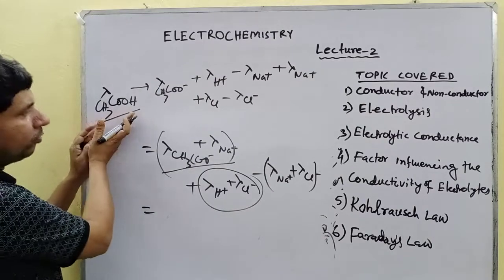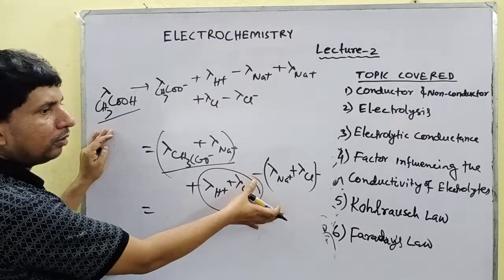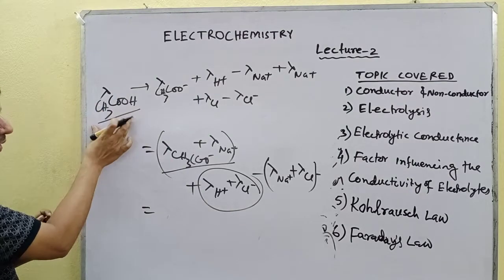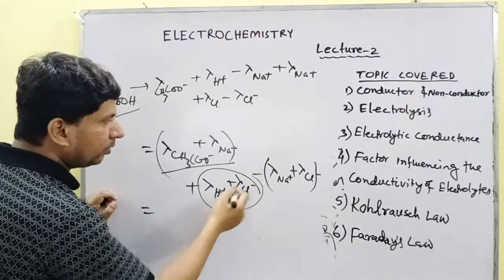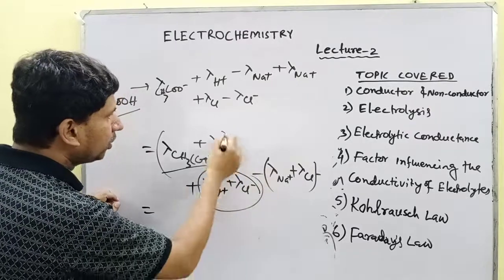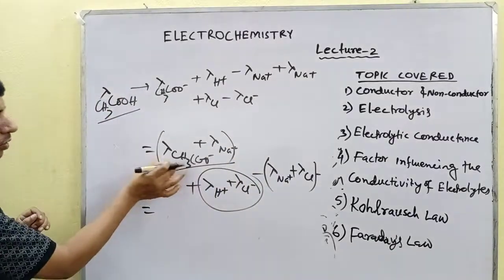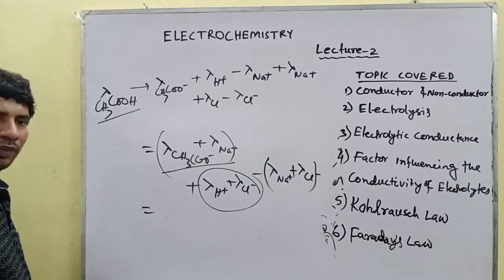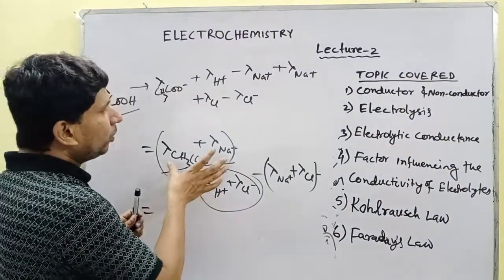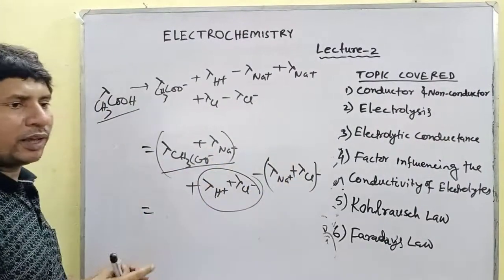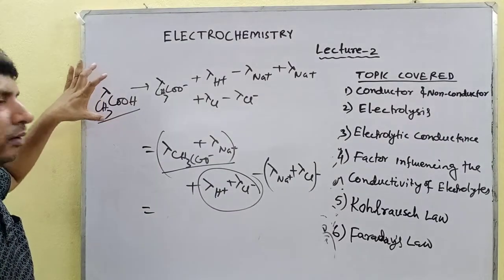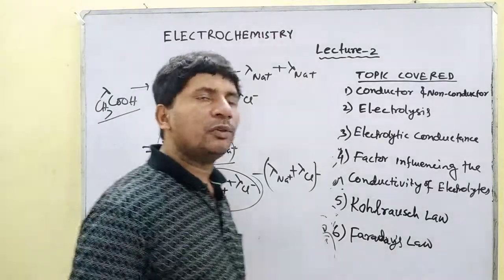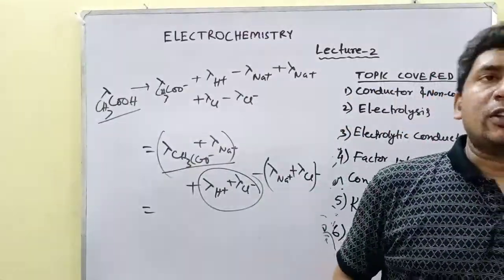In terms of strong electrolytes we can get this, because the other portion cancels out. So with the help of three strong electrolytes, we can get the lambda of a weak electrolyte. This is the utility of Kohlrausch's law.